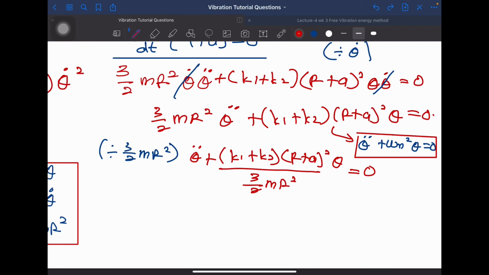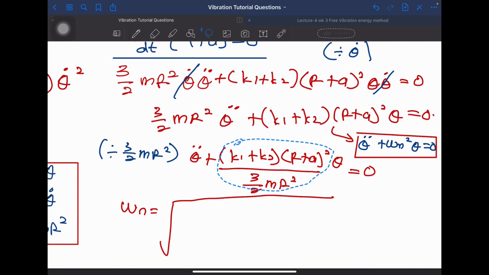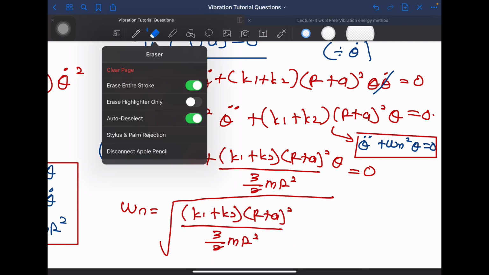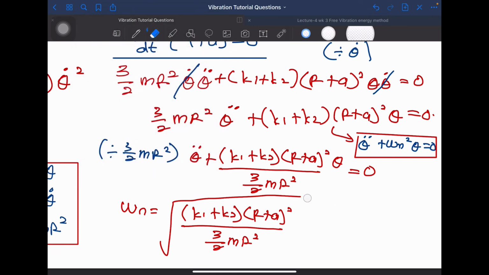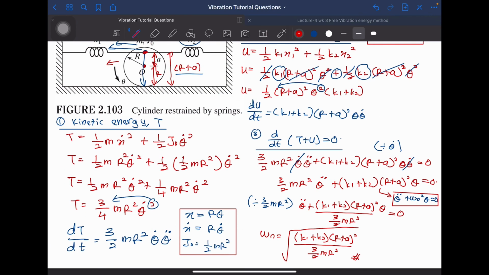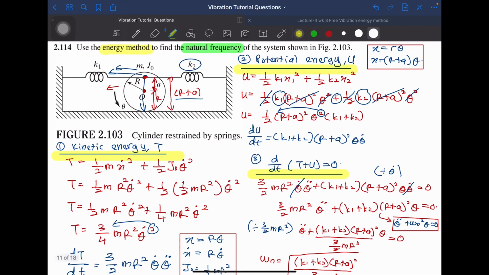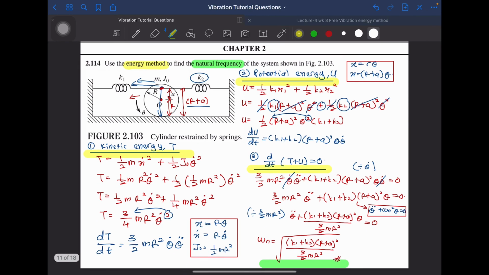So our omega n will be the square root of this thing here, and that will be the answer. As simple as that. This is your answer for omega n that you get from using the energy method. These are all the steps that you need to know. And that is how you solve question 2.114.